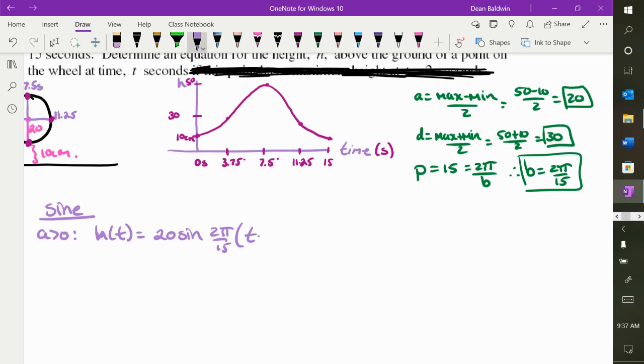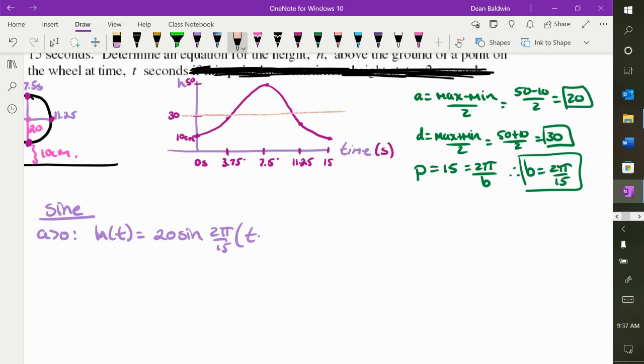What am I looking for if you're doing a sine graph that has a positive A value? Rising midpoint, right? Which is going to be 3.75.